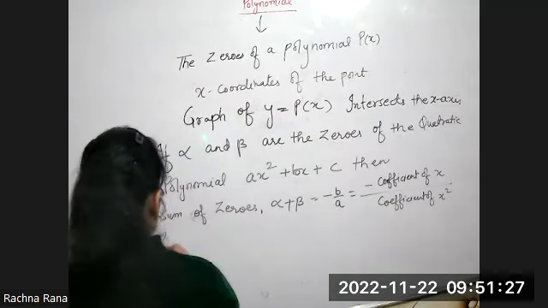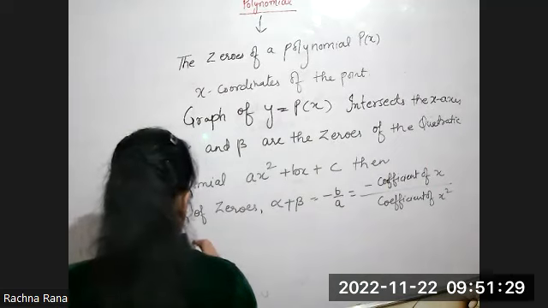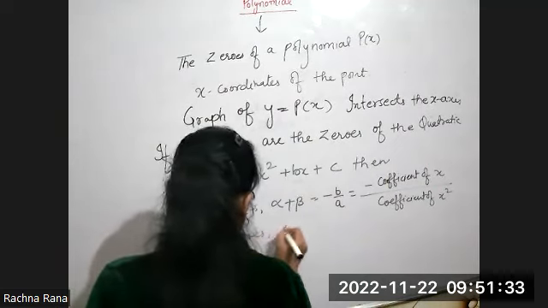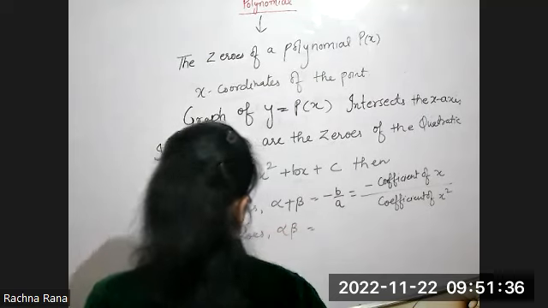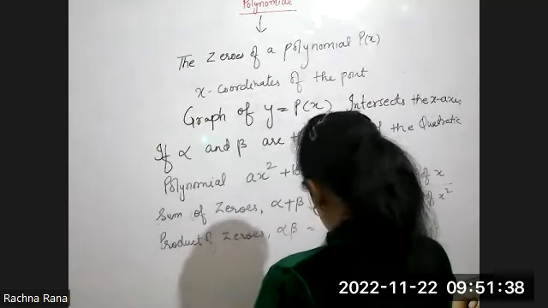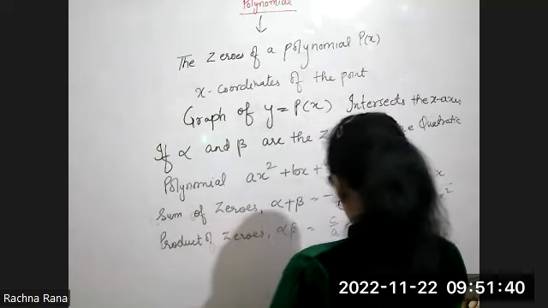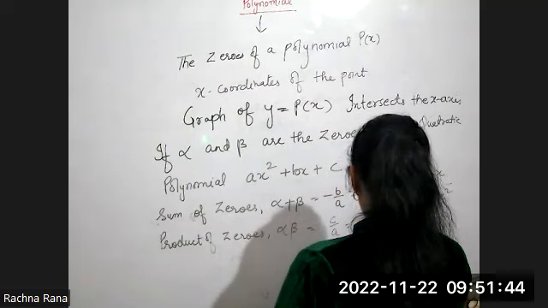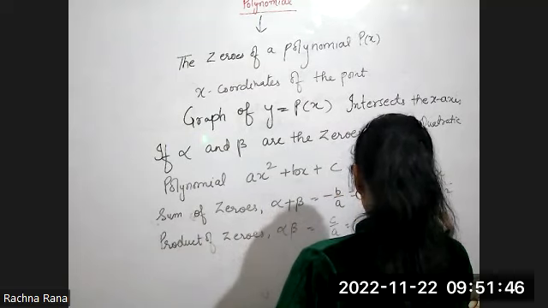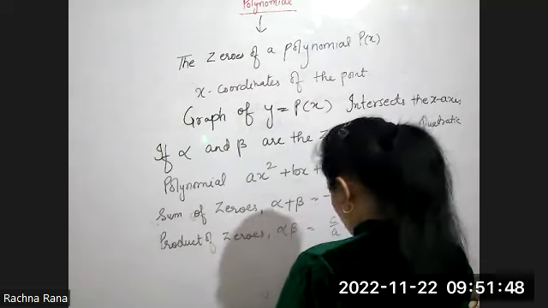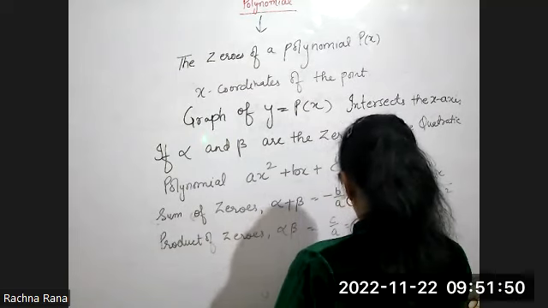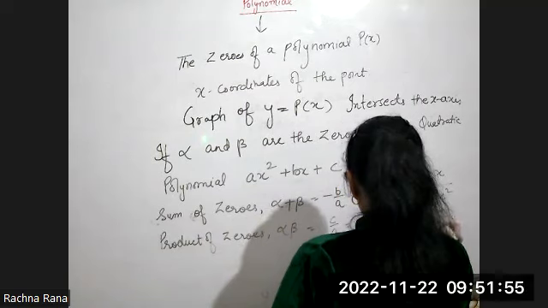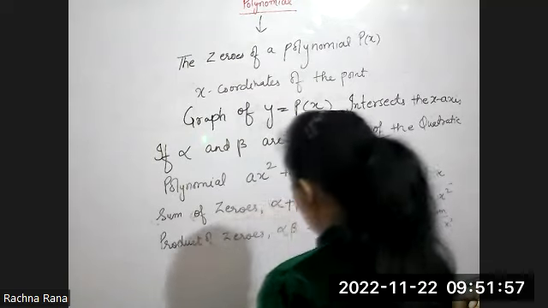And like this, the product of zeros, alpha beta, is equal to c over a. c is the constant term, and a is the coefficient of x raised to power 2.